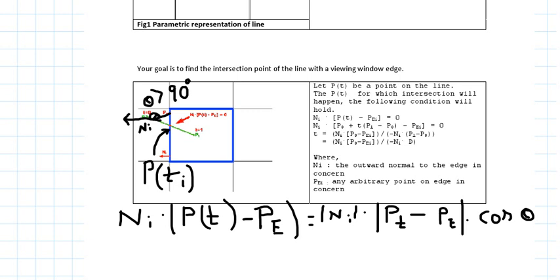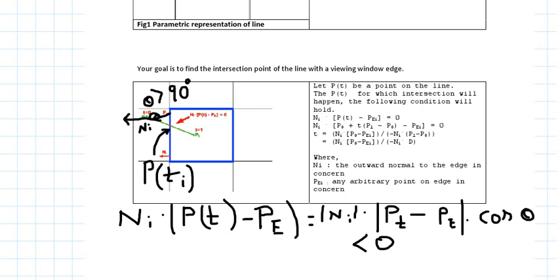Now, as the value of cos theta in this example is less than 0, as theta is greater than 90 degrees, this value is going to be less than 0. It is going to have a negative value.